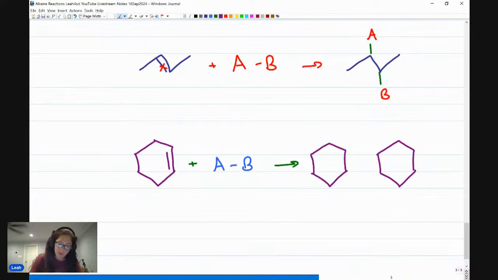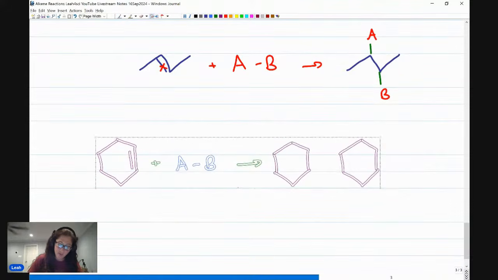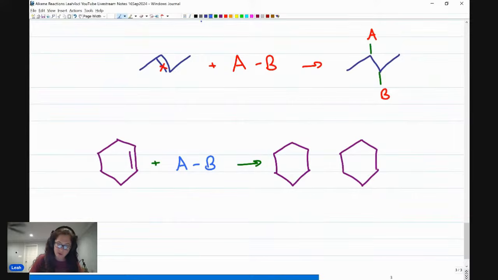I can show both A and B adding to the same side. In this case, I can draw them both coming out of the page on wedges or going into the page as dashes. So that will be both coming out of the page. Or I can show one coming out of the page and then one going into the page, and I could have done the reverse.